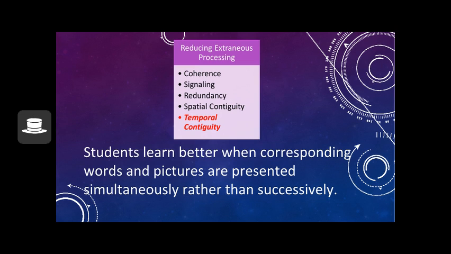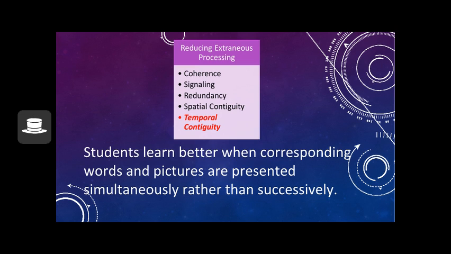Should we present words and then pictures, or words and pictures at the same time? This is where the temporal contiguity principle might help us. It might seem obvious to choose to show words and pictures one following the other, so that learners see the information twice.